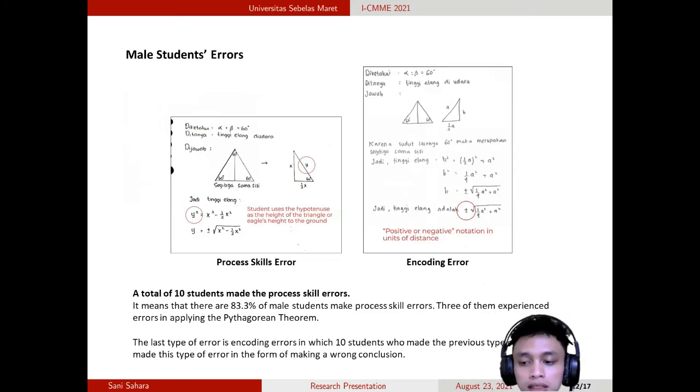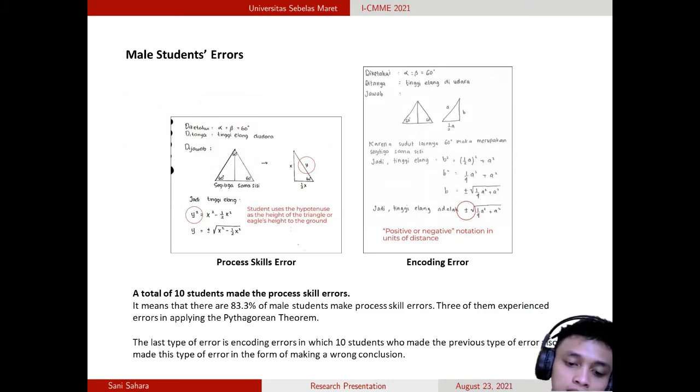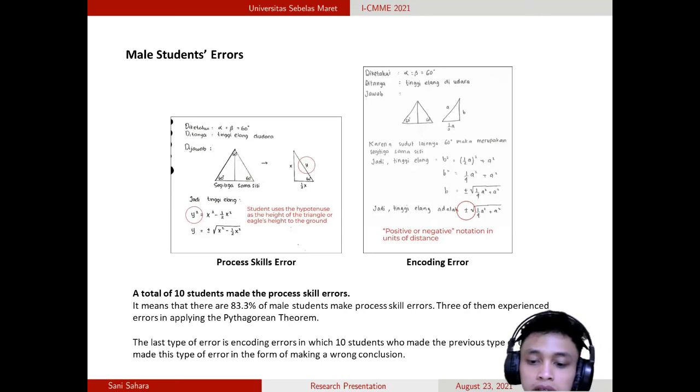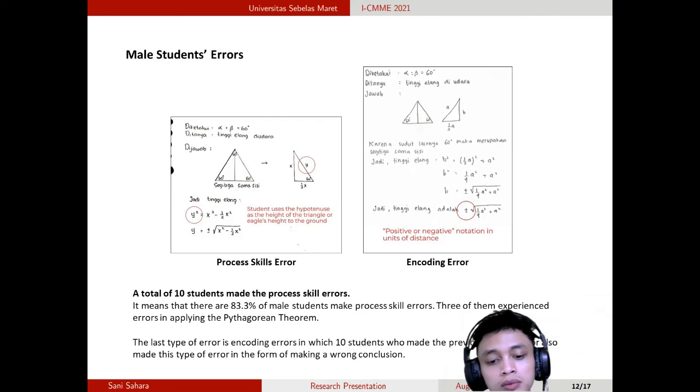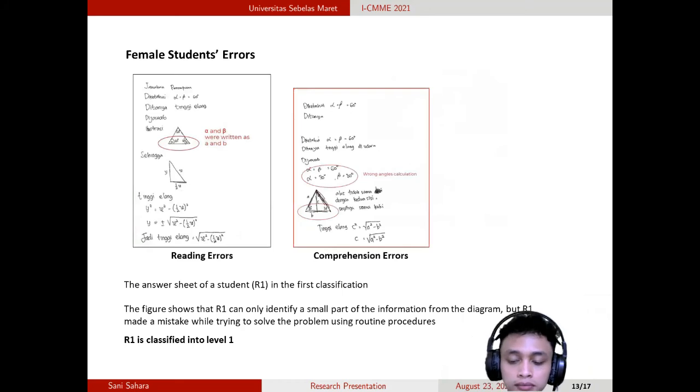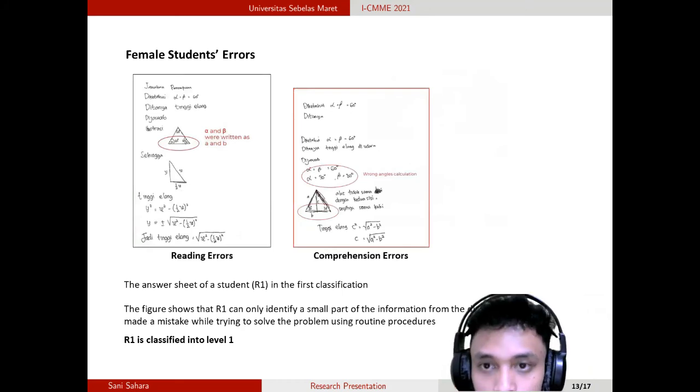And the third picture, or the last type of error, is encoding error, in which the 10 students who made the previous type of error also made this type of error in the form of making wrong conclusions.